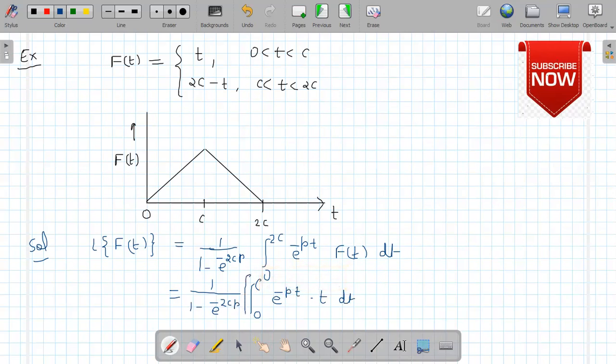Let me put this in the bracket so that this value is not repeated. Plus integral c to 2c e to the power minus pt, the value of the function is 2c minus t, dt.